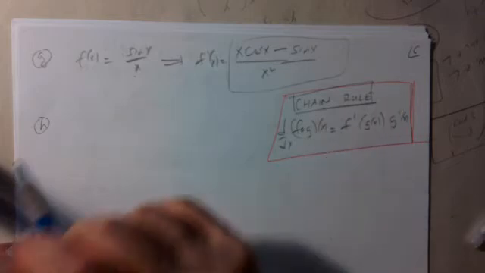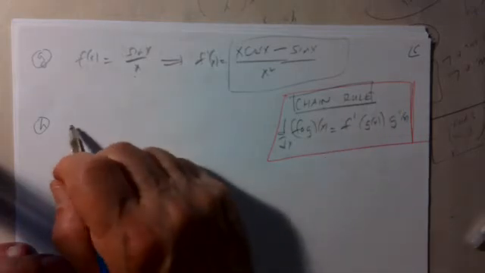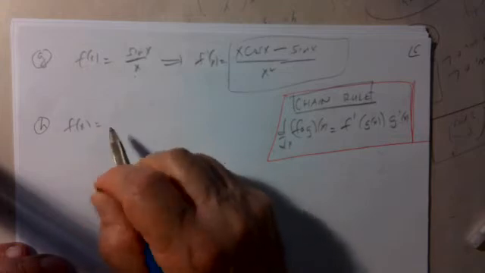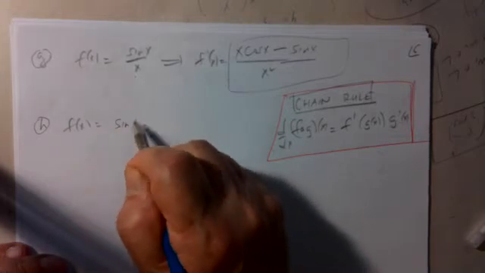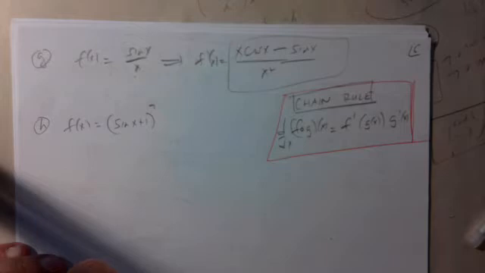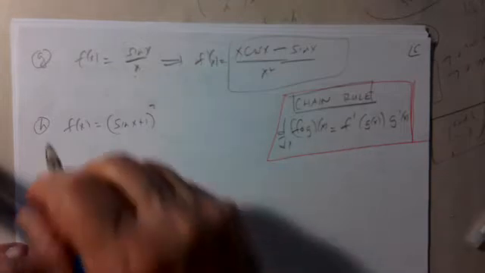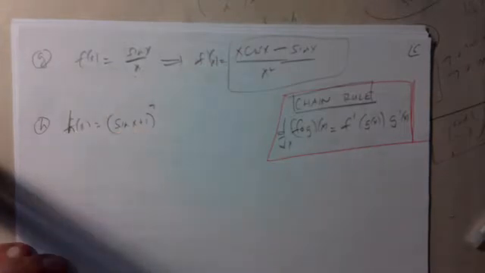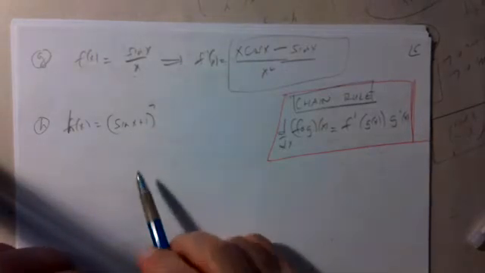So in H, we have the function f of x equals sine of x plus 1 to the 7th. Maybe just so I can use the same formula, I'll just change this to H. So H of x is sine of x plus 1 to the 7th.